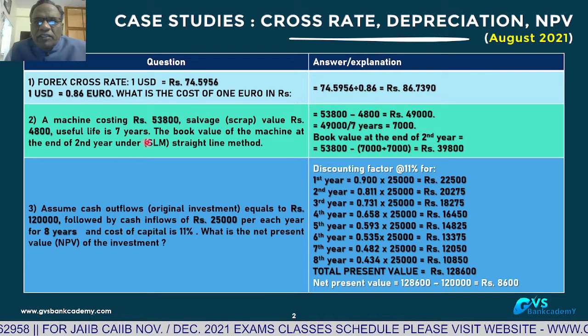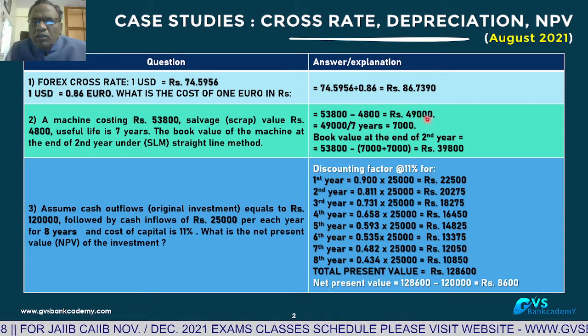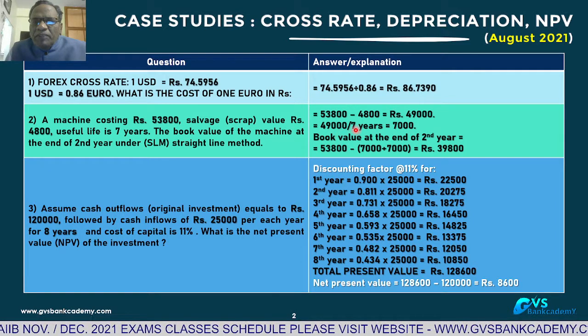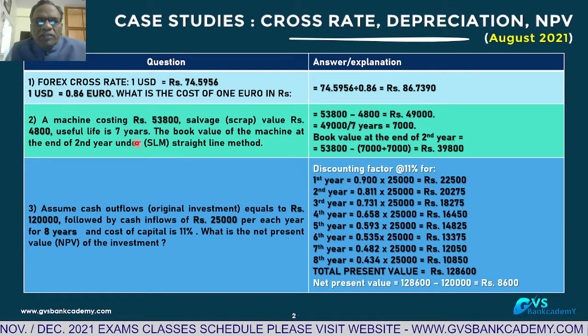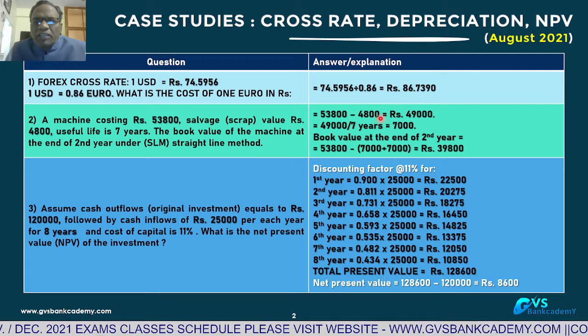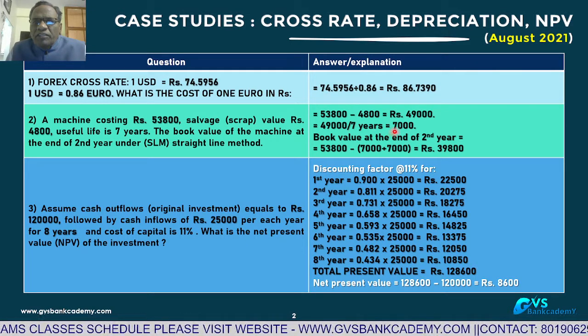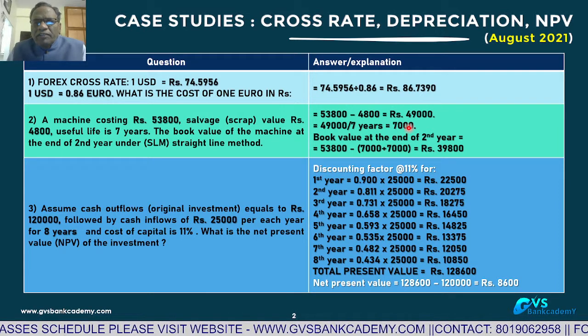So 49,000 divided by 7 years: every year depreciation is 7,000 rupees. The life of the machine is 7 years, and after the scrap value, you provide depreciation on 49,000.